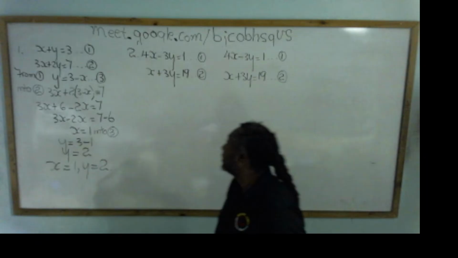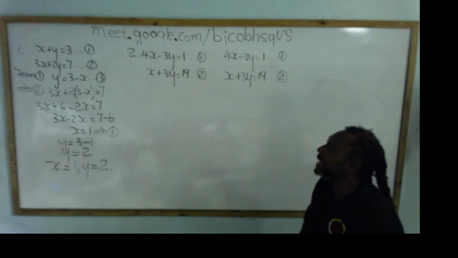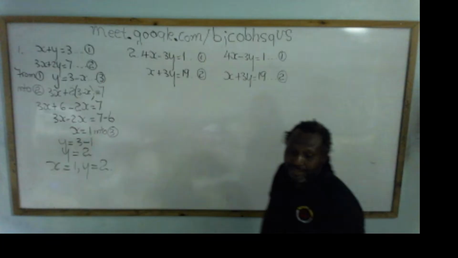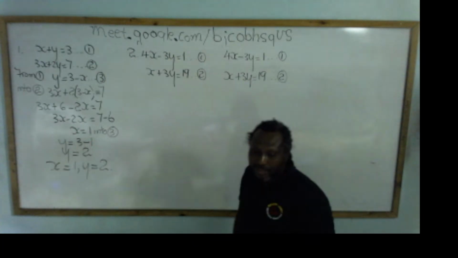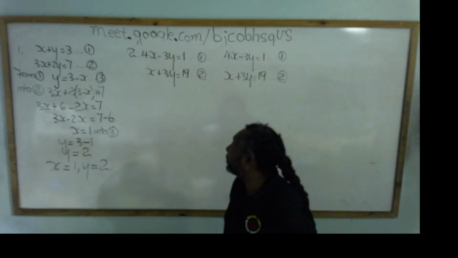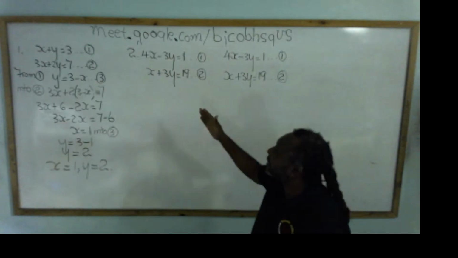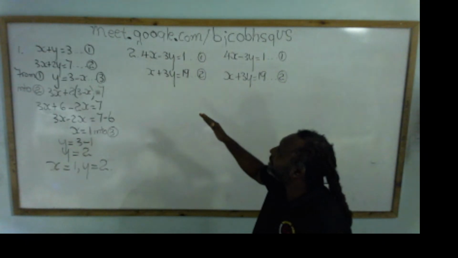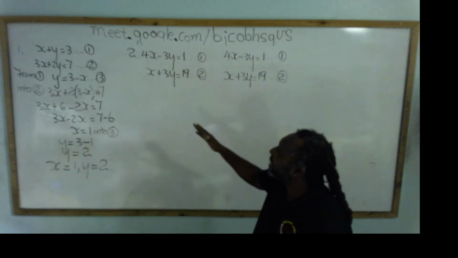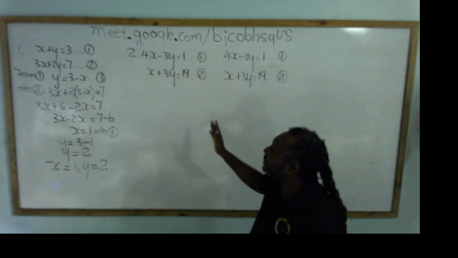4x minus 3y is equal to 1. And x plus 3y is equal to 19. And that's your equation 2. So right there we have a pair of equations. We want to use one equation to write one unknown in terms of the other. For example, x is equal to something or y is equal to something.